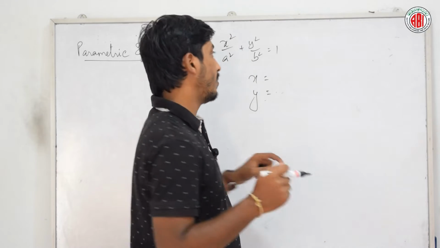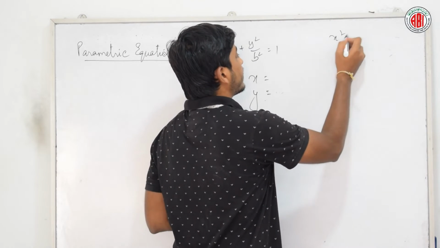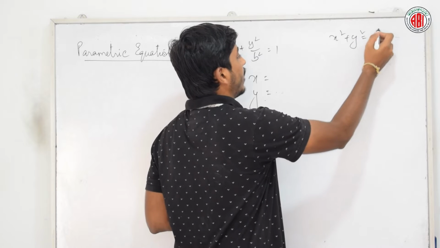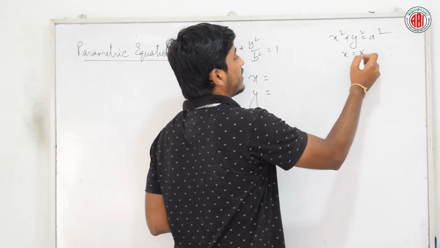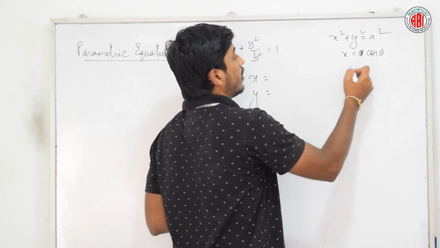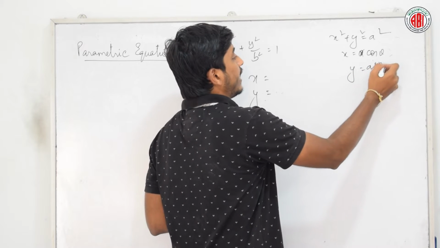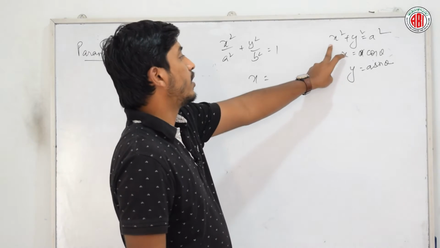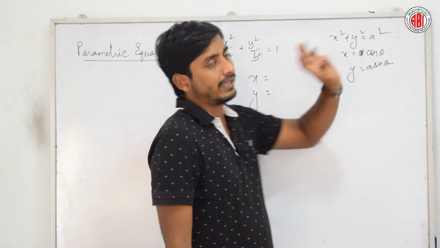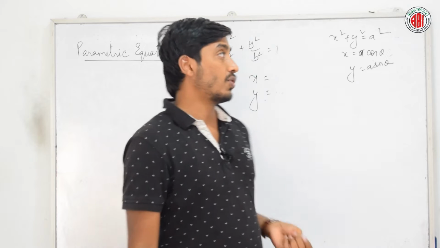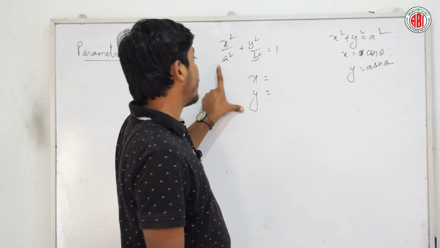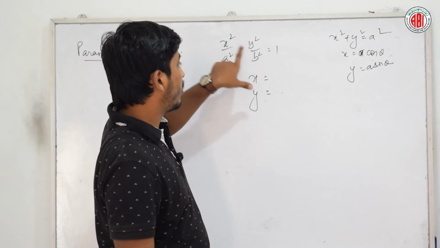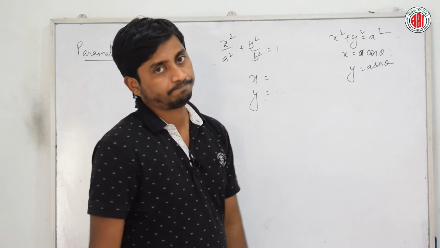So if you remember, if it is x square plus y square equal to a square, we had x is equal to a cos theta, y is equal to a sin theta, isn't it? How? If I substitute here, I will get a square common, I will get the answer, right? So what can be substituted here in order to get this whole term as 1?